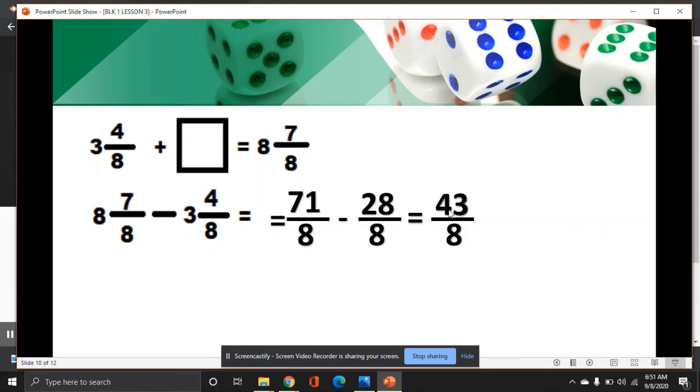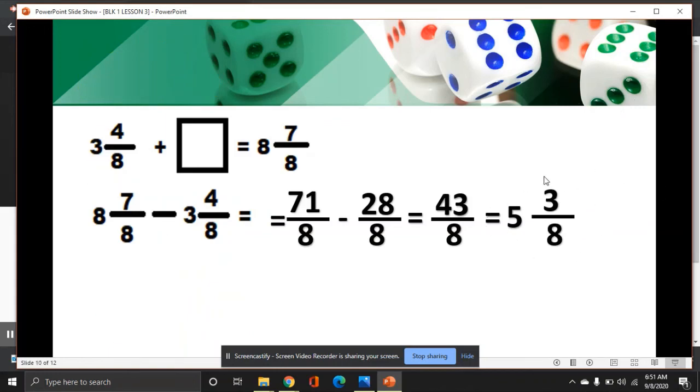So 43 divided by 8, the whole number would be your quotient, 5. Copy the denominator 8, and your remainder would be your numerator 3. So this is the final answer.